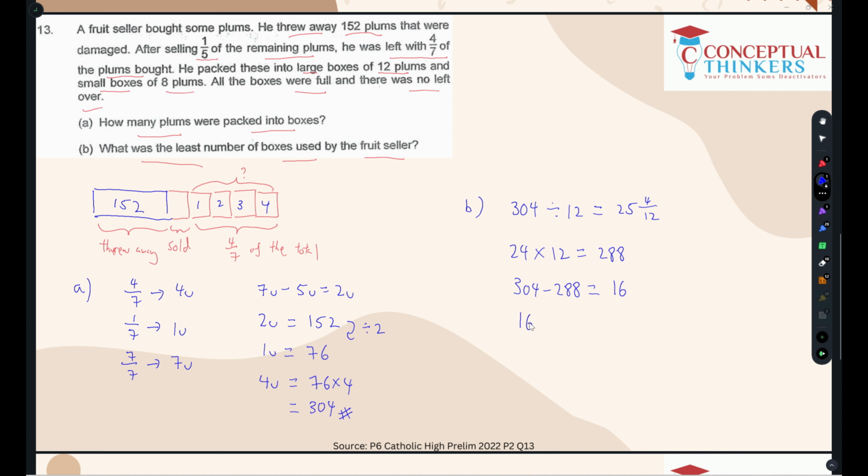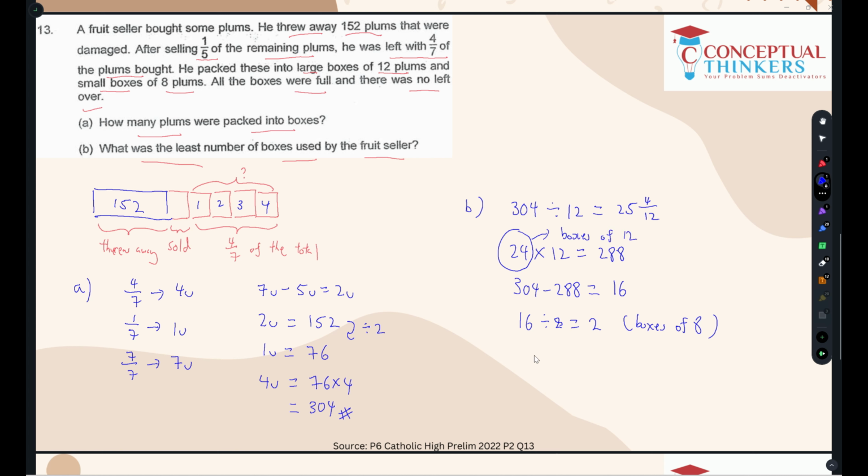So if I take 16 divided by 8, sorry, I'm going to get 2 boxes of 8. And I will have 24 boxes of 12.